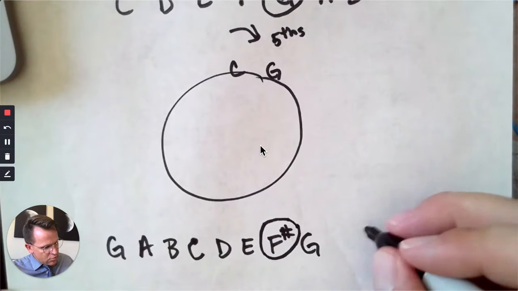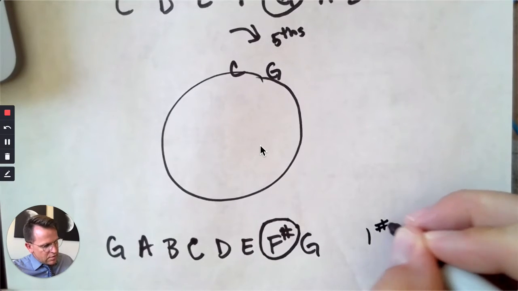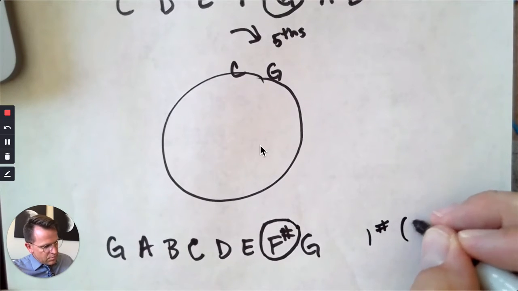Okay, so 1 sharp, and it is F. There we go.